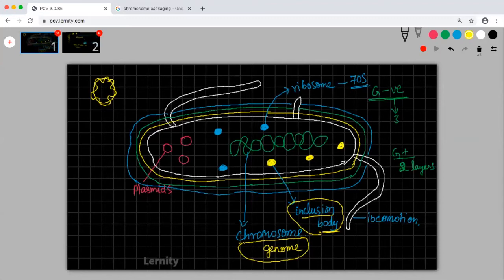Something will be responsible for protein packaging. So inclusion bodies are different kinds of structures which perform different activities. Since you don't have specific organelles for specific functions here, inclusion bodies are there.